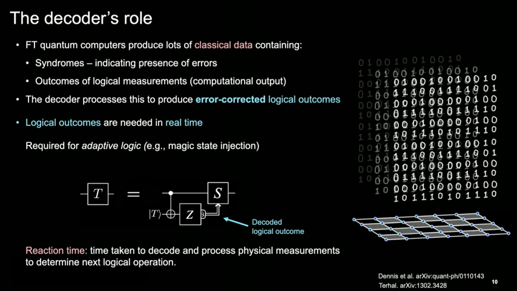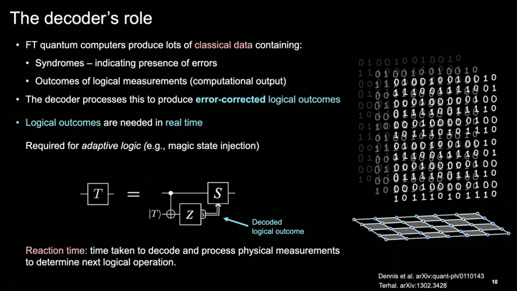And in fault tolerance, that Z measurement is not just one single measurement. There's a whole bunch of physical measurements that go into that, and it's the decoder's job to come up with the error-corrected outcome. And a useful quantity is called the reaction time.